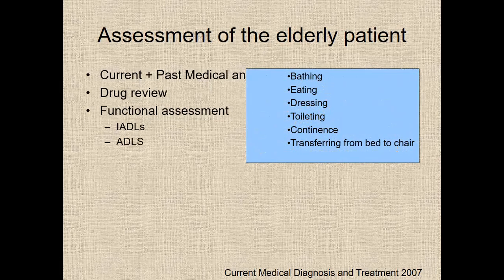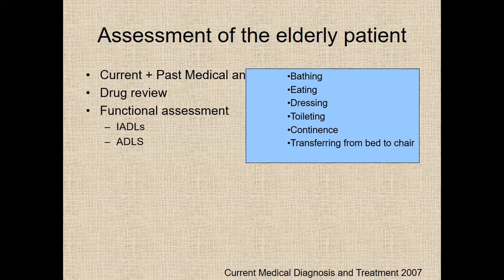ADLs, activities of daily living. ADLs stands for activities of daily living. These activities are bathing, eating, dressing, toileting, transferring from bed to chair. So these are the examples. The list is obviously not exhaustive. In ADLs, the normal routine work and something which is culturally important, you can also include in your history taking.